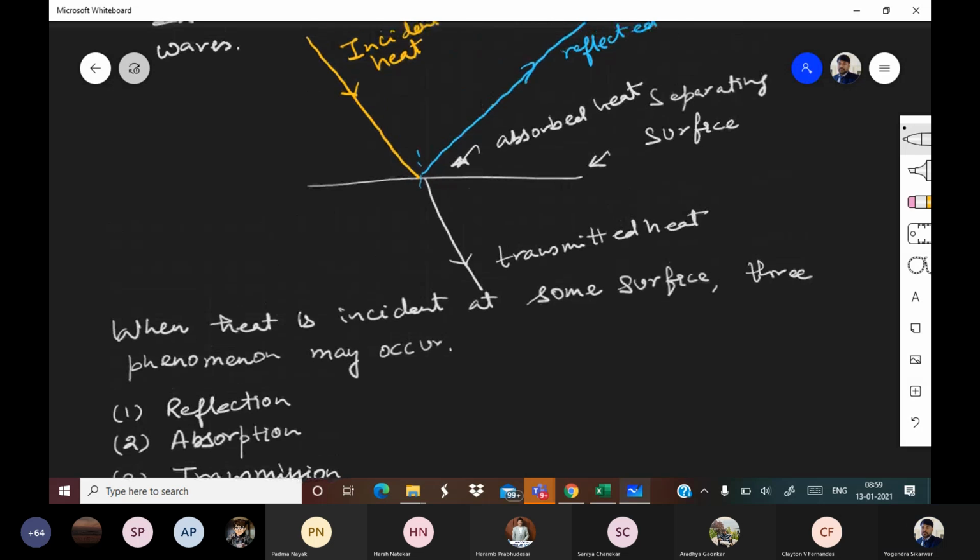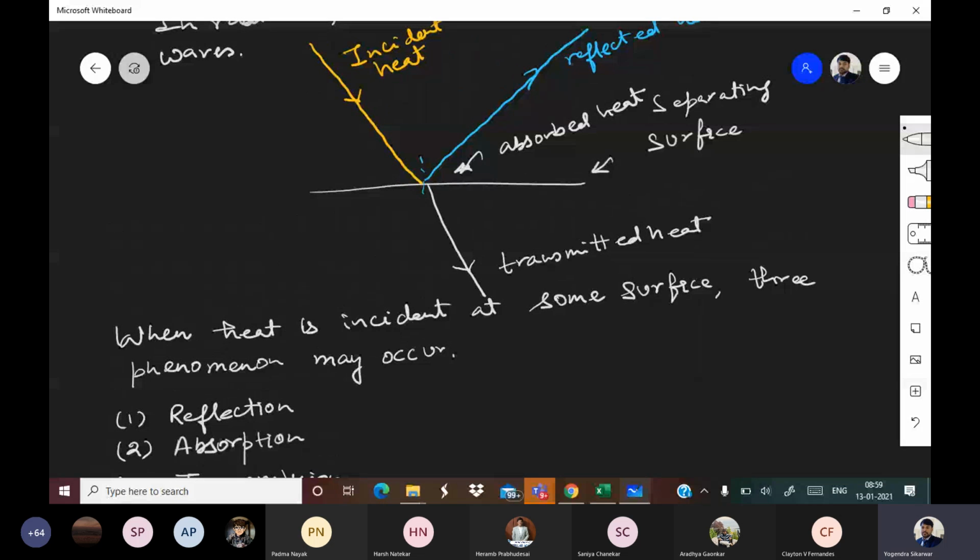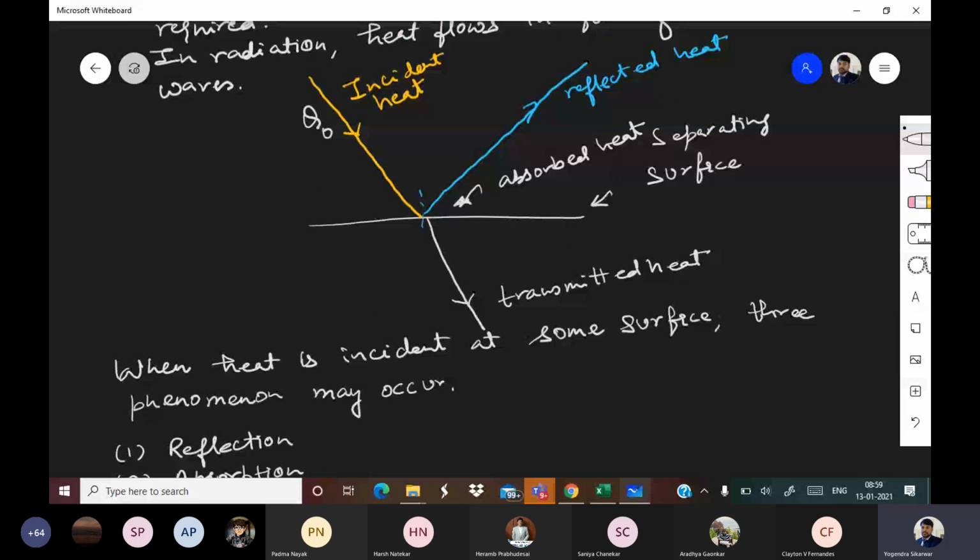Suppose Q is the incident heat, or you can say Q naught. QR is reflected heat, QT is transmitted heat, and QA is absorbed heat.